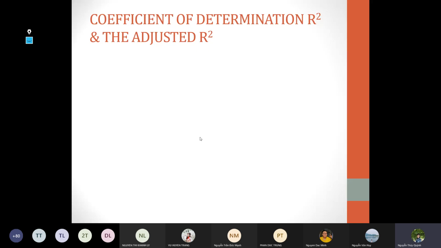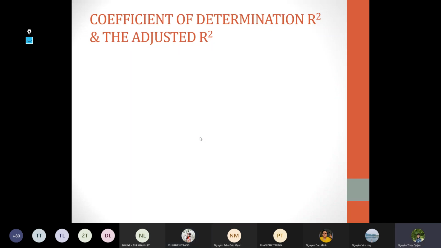What information does it provide us with? It represents the proportion of the variance of a dependent variable that is explained by an independent variable or variables in a regression model.